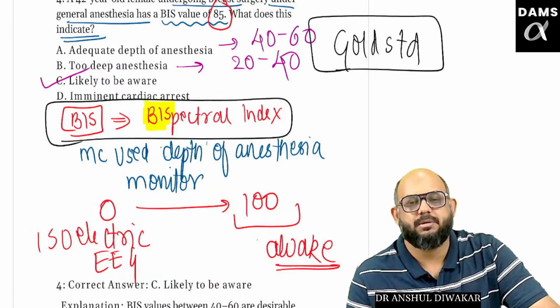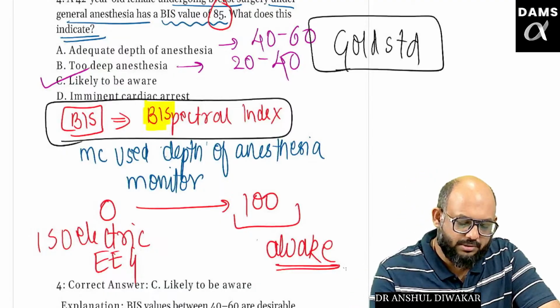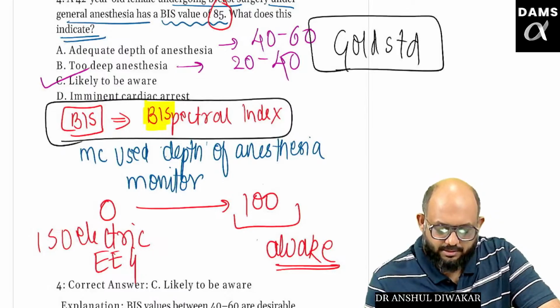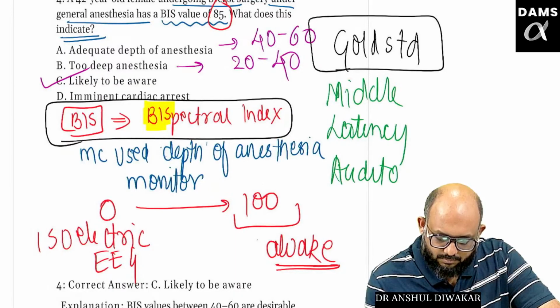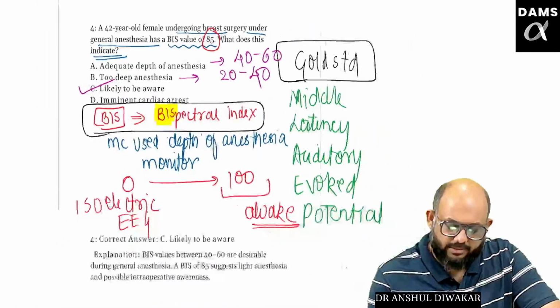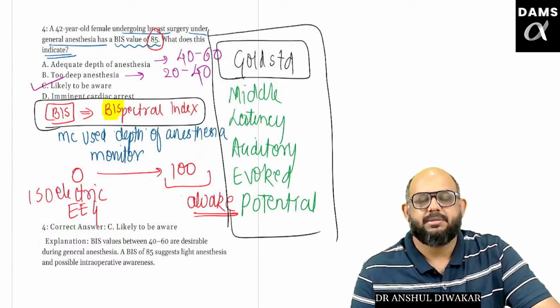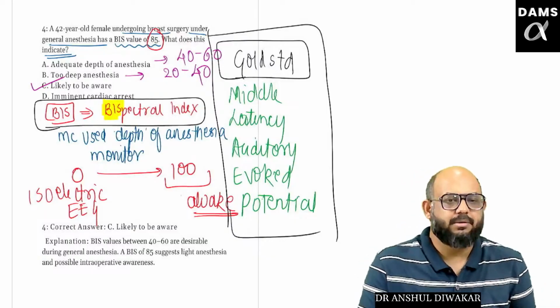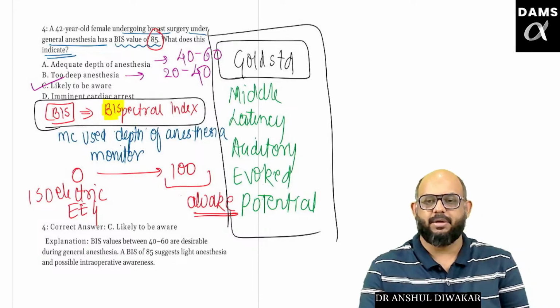The gold standard is middle latency auditory evoked potential, which is even better than BIS for depth of anesthesia monitoring.